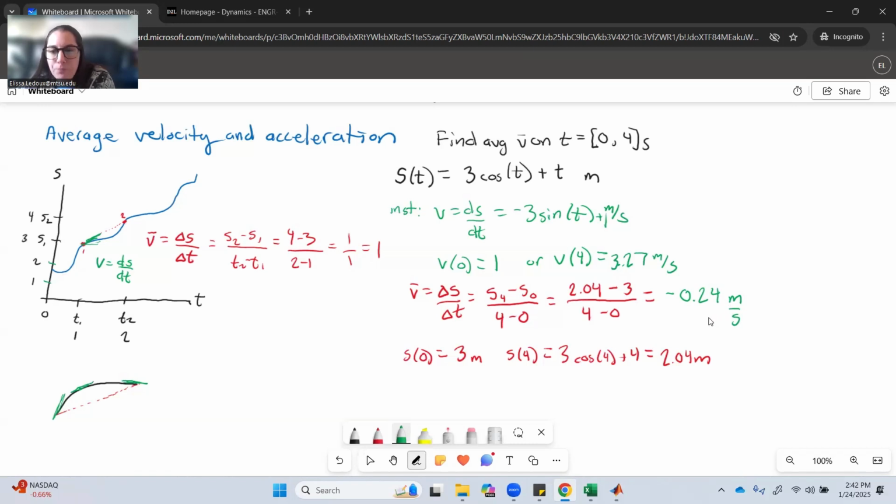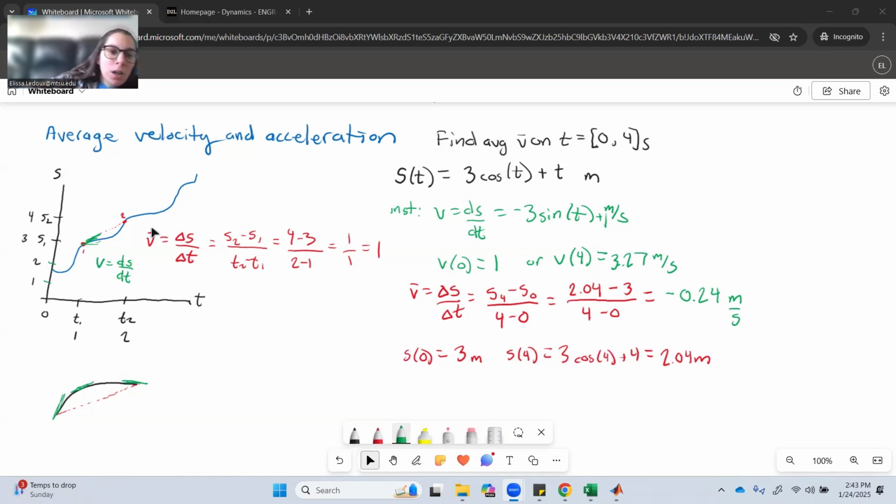Okay, so this is actually a really interesting situation here because the velocity at 0 was positive. The velocity at 4 was positive. The average velocity ends up being a little bit negative, and that's probably because of the sinusoidal thing. And actually it's going to look pretty much very similar to this function that we've already written here.